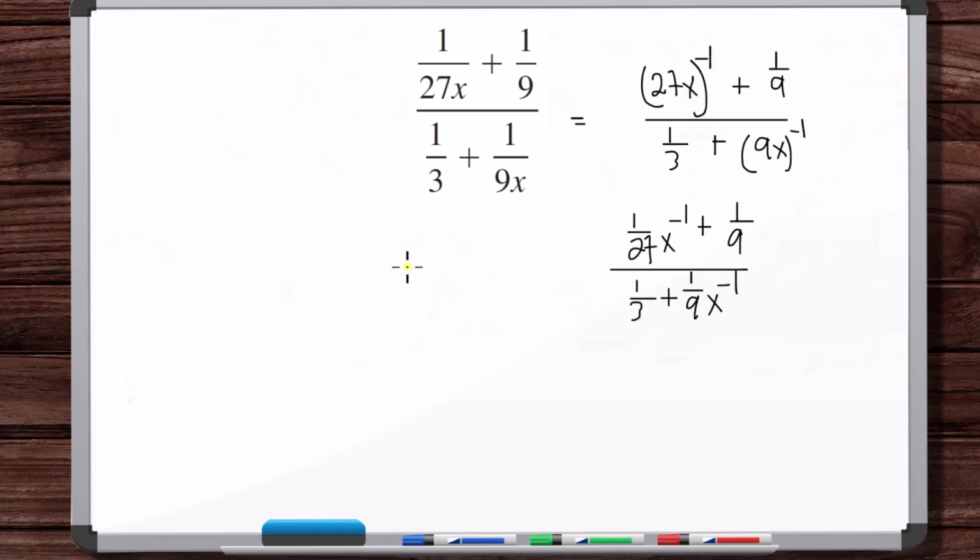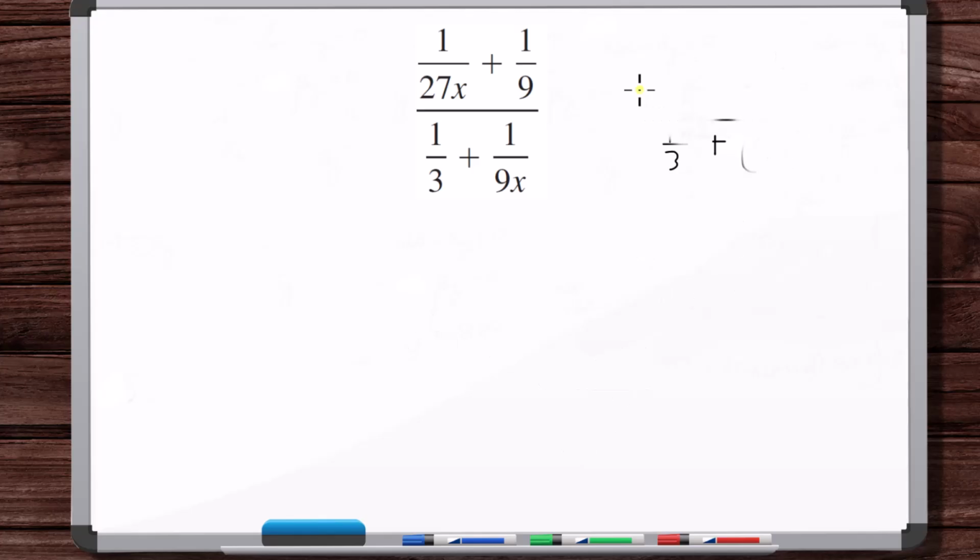Or if you had x to the minus 1 plus 3 over x squared, it would be a compound fraction that's a ratio of a rational expression to a polynomial. That's how you want to approach it.